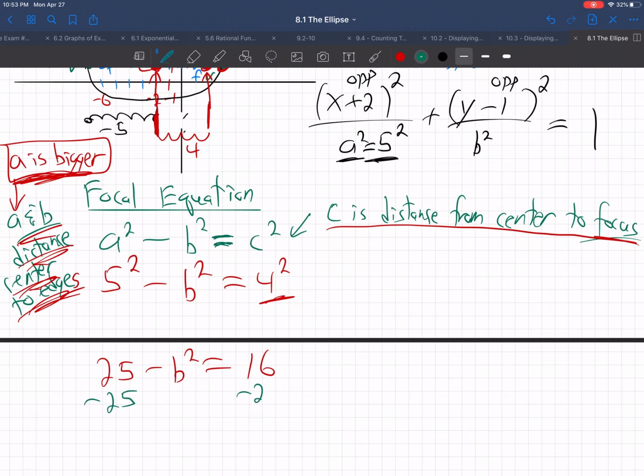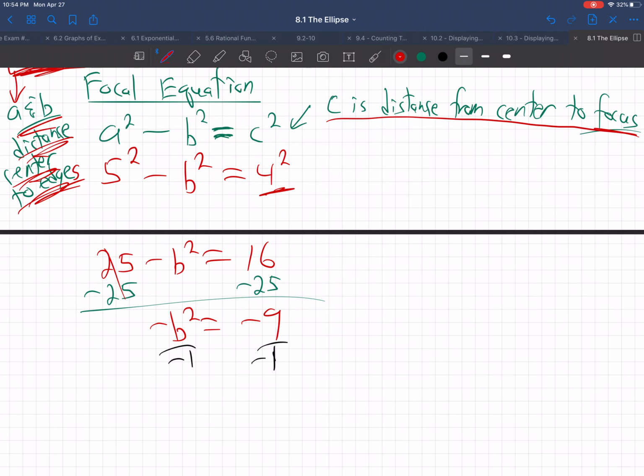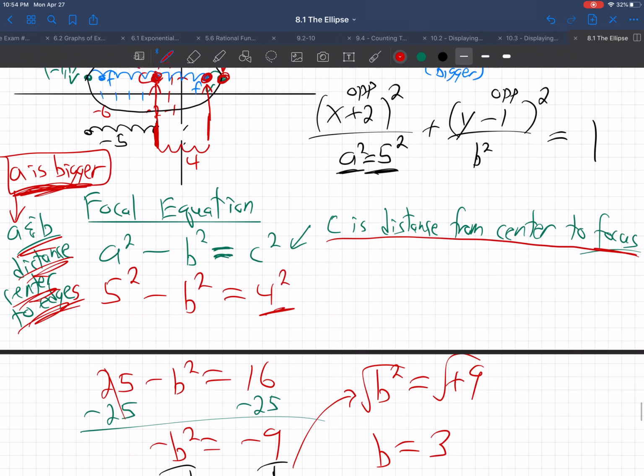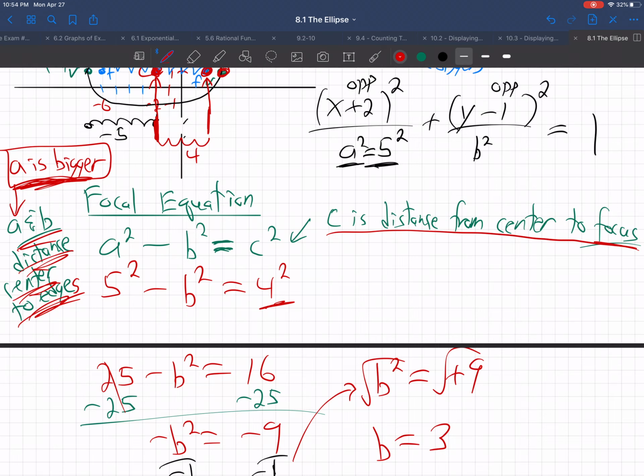Subtract 25 from both sides. Minus b squared is minus 9. And now divide by minus 1. B squared is plus 9. And then root it. B is 3.